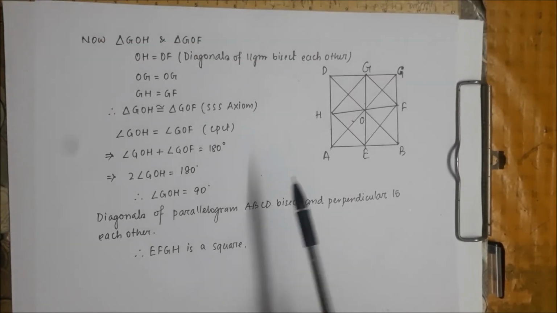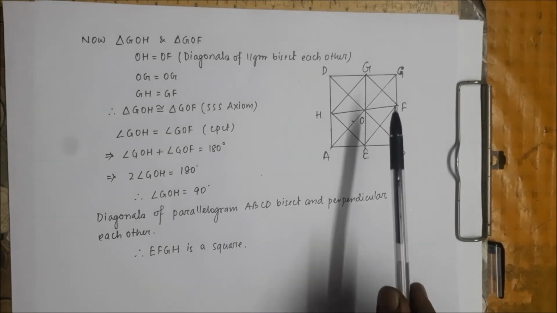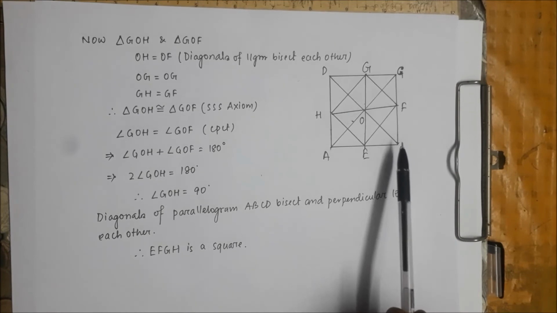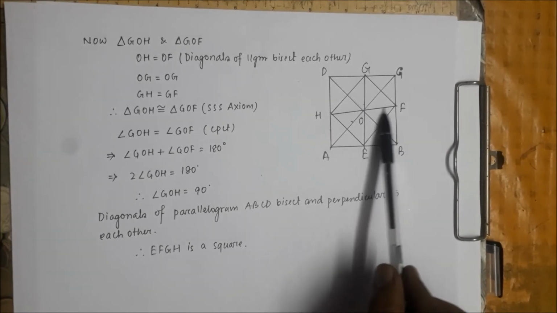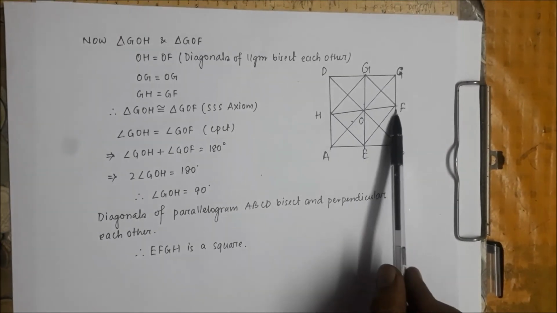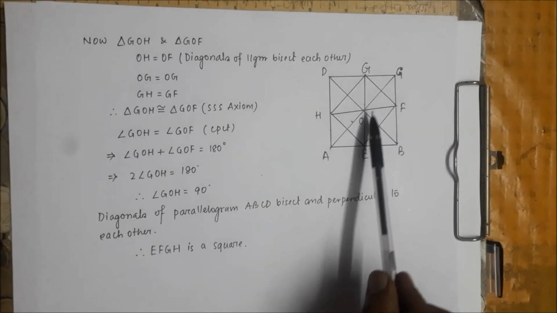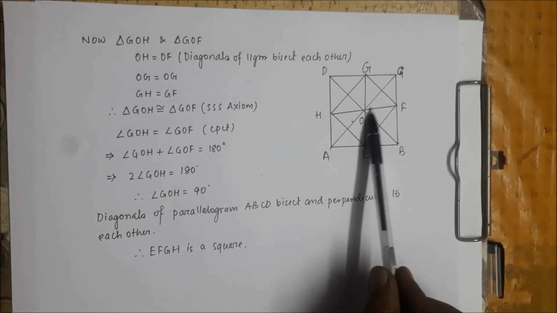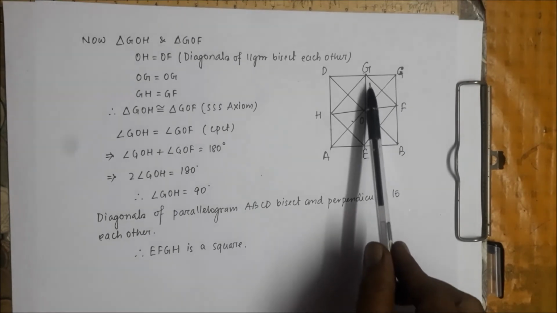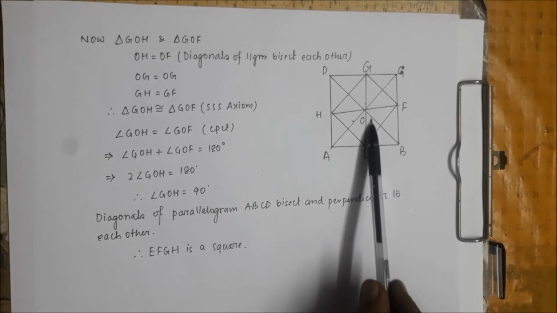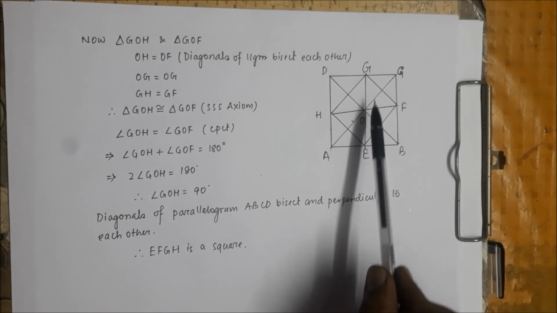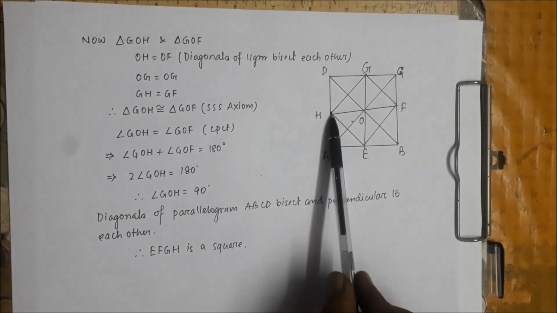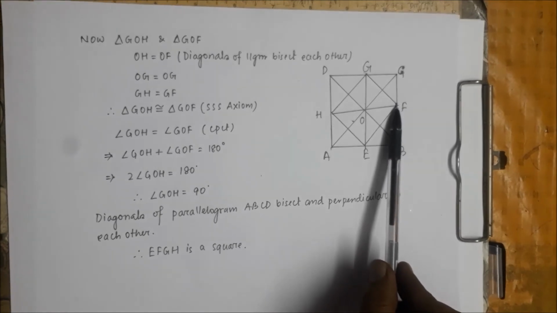Now to prove this, we consider the triangle GOH and triangle GOF. Here OH is equal to OF, as diagonals of a parallelogram bisect each other. OG equals OG is common, and GH equals GF.